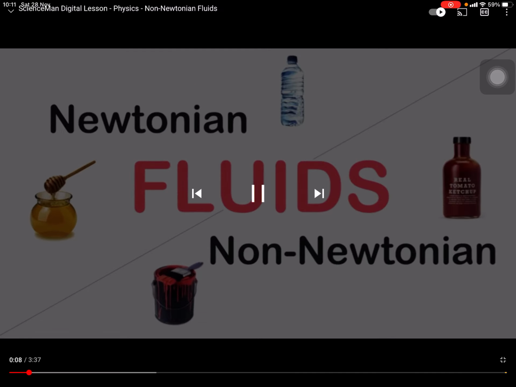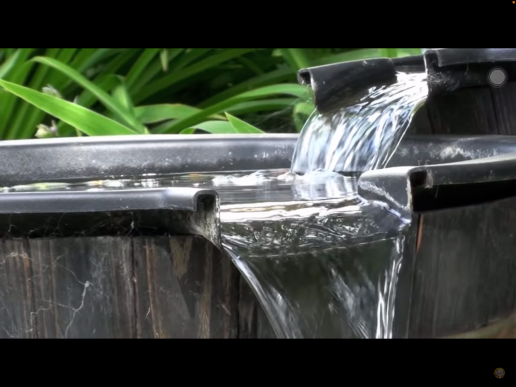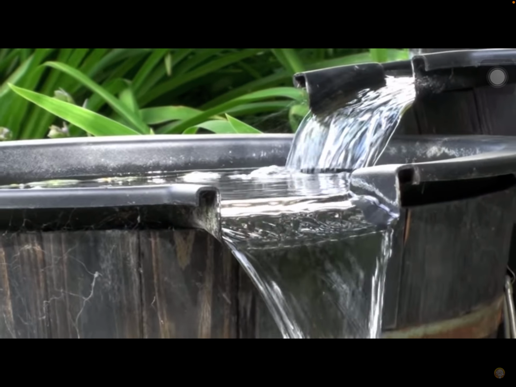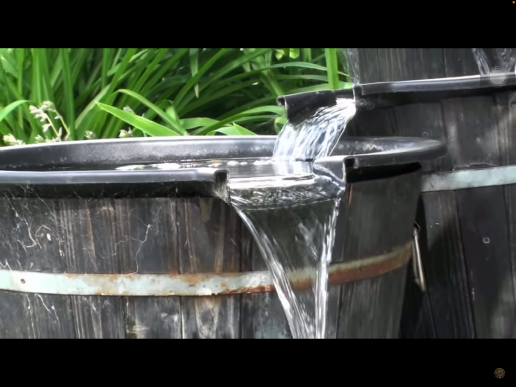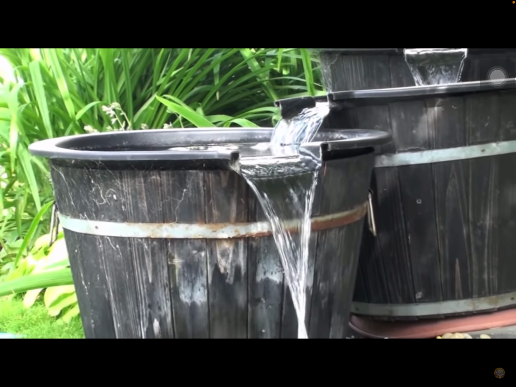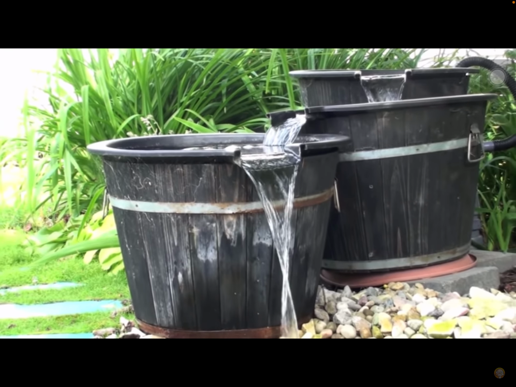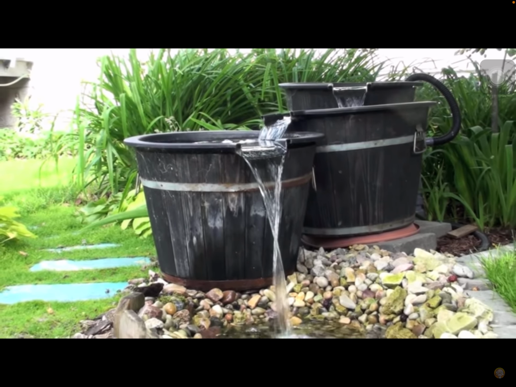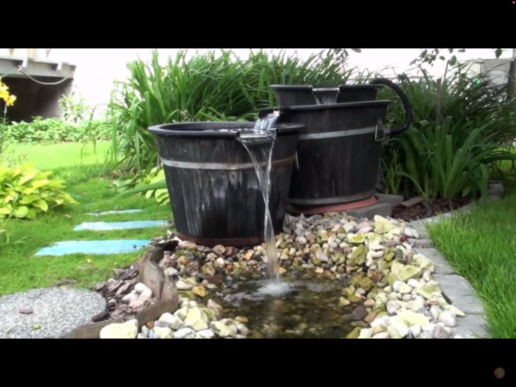Interesting topic of Newtonian and non-Newtonian fluids. A classic Newtonian fluid is water. Water has a very predictable viscosity and will always flow predictably regardless of the forces acting on it. Newtonian fluids also have predictable viscosity changes in response to temperature and pressure changes.